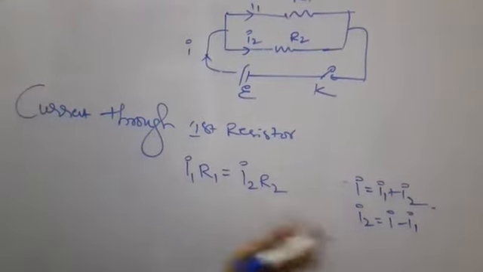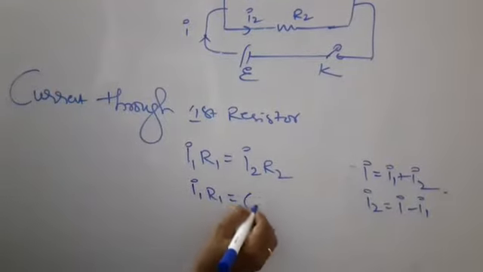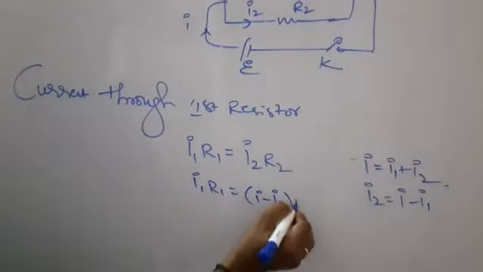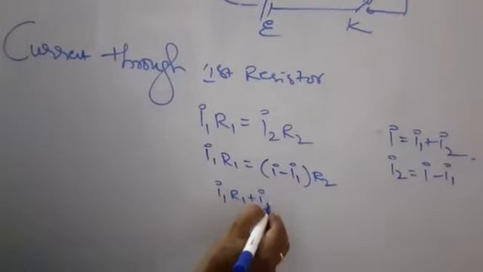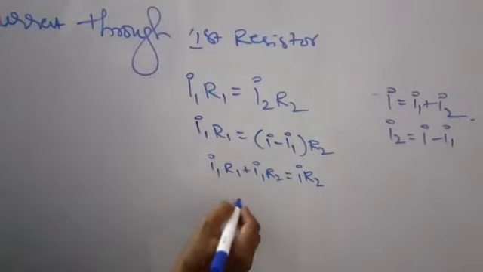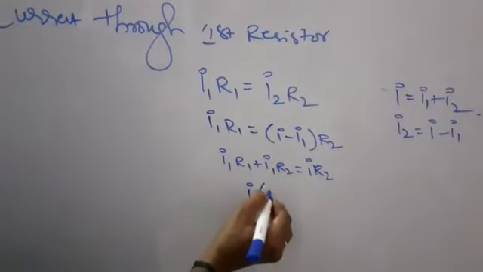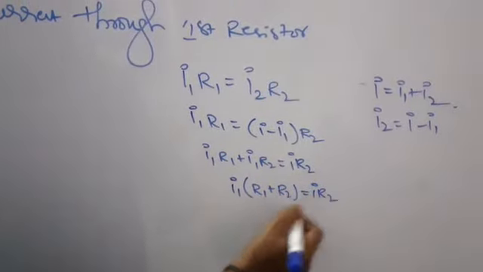We can substitute this. I1 into R1 is equal to I minus I1, into R2. So I1 into R1 plus I1 into R2 is equal to I into R2. Taking I1 common, I1 into R1 plus R2 is equal to I into R2.